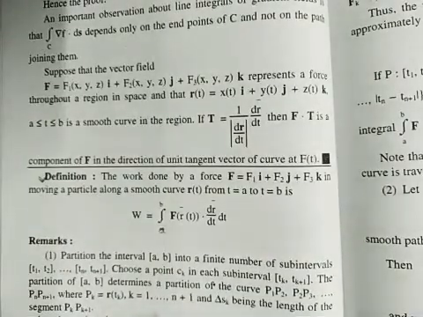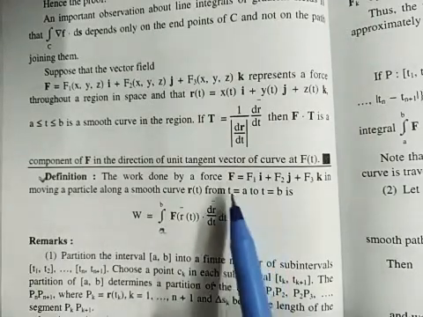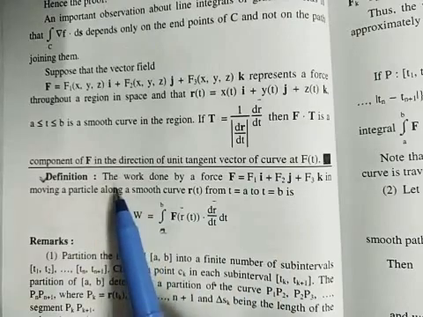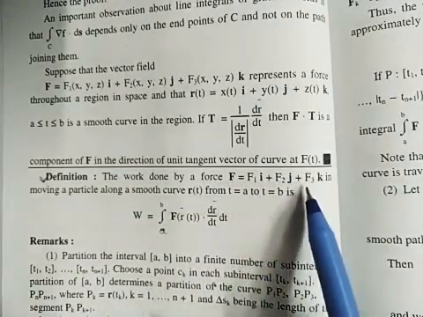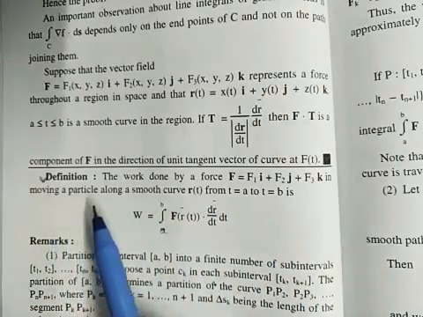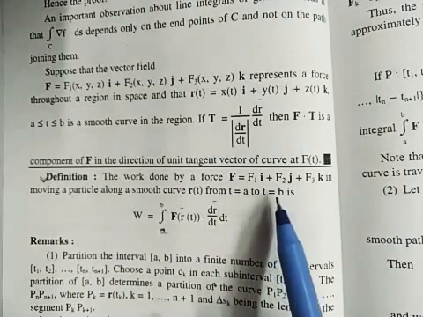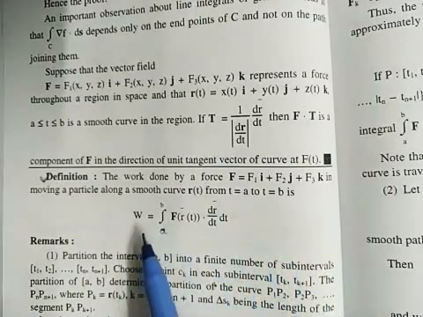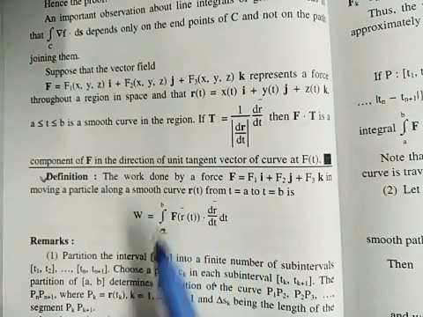Next is a definition for finding the work done by a force. Suppose capital F denotes a force. Then the work done by a force F, which is F1 i plus F2 j plus F3 k, in moving a particle along a smooth curve r(t) from t equal to a to t equal to b is W equal to the integration of F(r(t)) dot dr by dt dt from a to b.